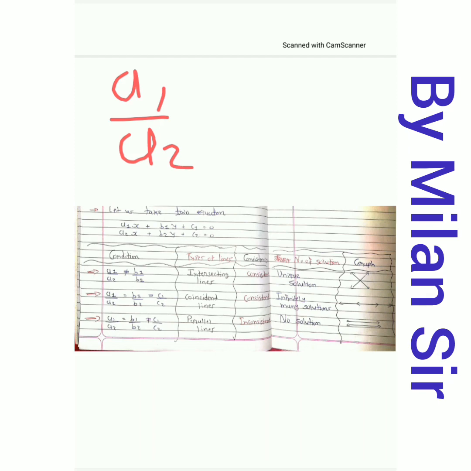So first of all we need to find three ratios: a1 upon a2, b1 upon b2, and c1 upon c2.